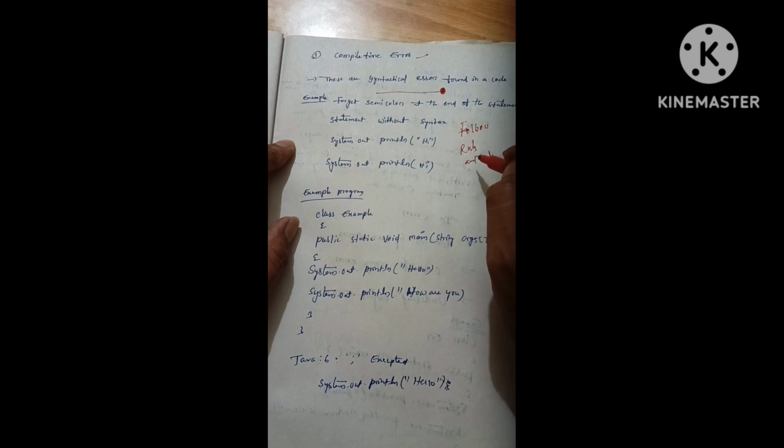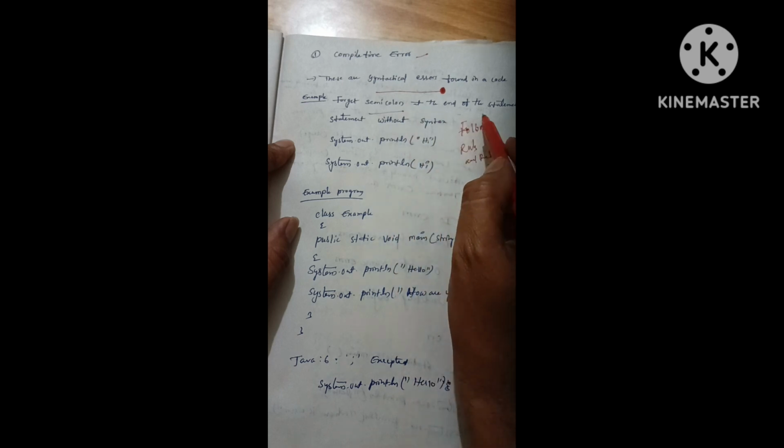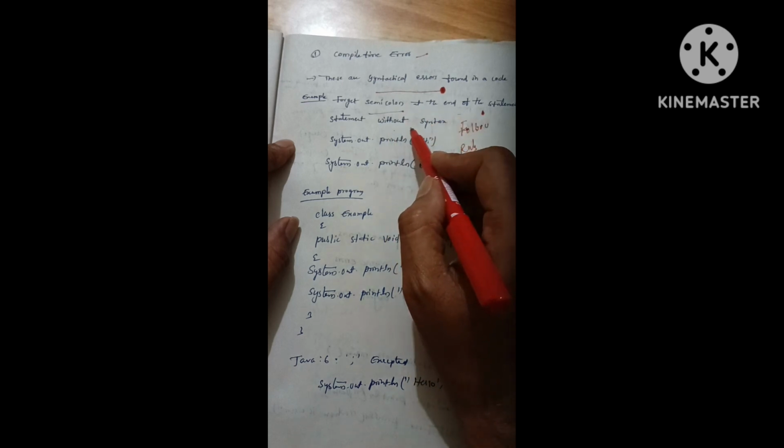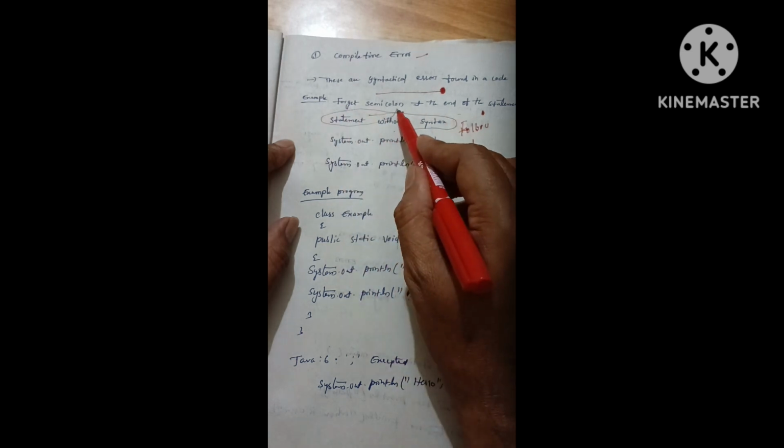Compile time errors check whether these rules and regulations are followed in our program. For example, a missing semicolon at the end of a statement, or a statement without proper syntax, belongs to compile time errors. When we do not follow the rules and regulations, compile time errors arise.